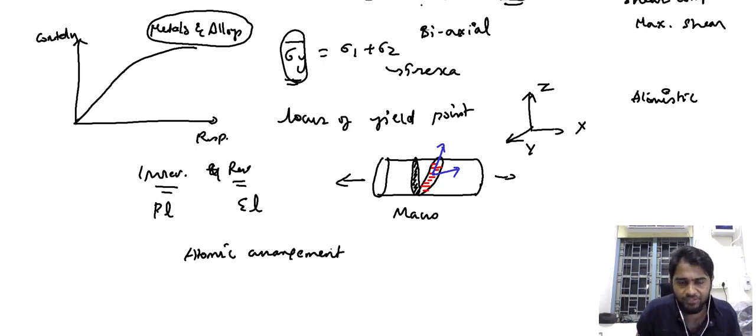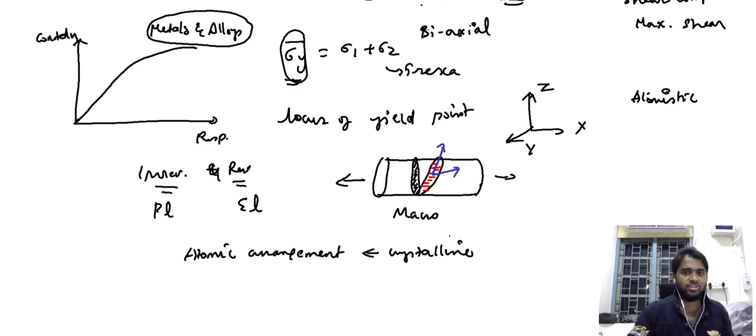The characterizing feature, the unifying feature of metals and alloys, is that they are crystalline in nature. The properties exhibited by metals and alloys are significantly different from the other categories of materials.